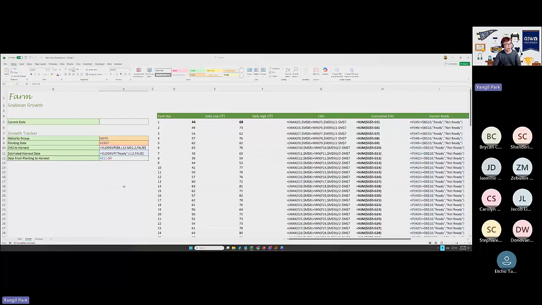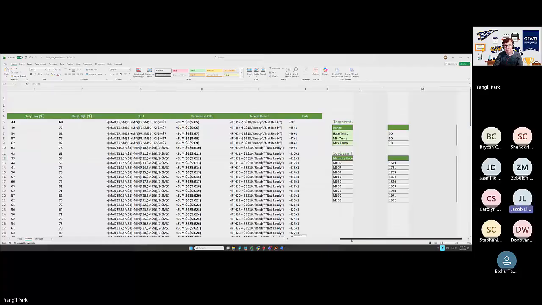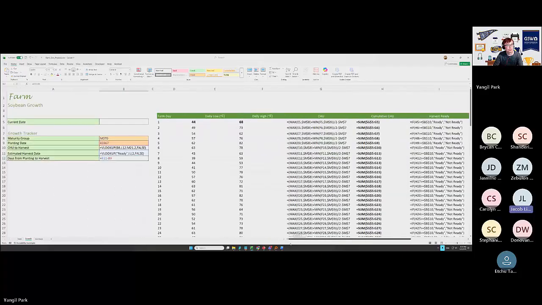Then we just calculate how many days it took from planting. Let me see if there's anything else I missed.